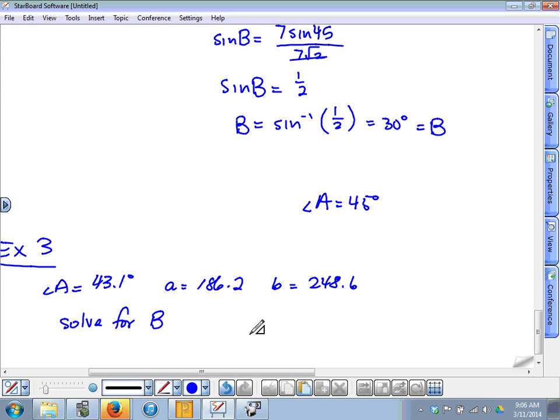We better hustle this thing up. So we're going to use this same formula of the law of sines. Sine of B over little b, 248.6, equals the sine of 43.1 over little a, 186.2.